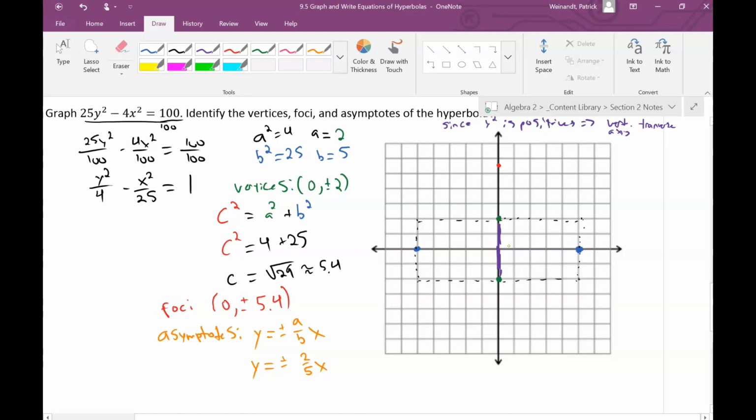So we have a slope of 2/5, that means we go up 2 over 5, 1, 2, 3, 4, 5. So we start at the origin, we go here, and it's going to be the same in the opposite direction. And then negative 2/5, plus or minus 2/5 x. So up to the left 5, 1, 2, 3, 4, 5 over here. So that rectangle helps us draw our asymptote as well. So here's our asymptote. Very poorly drawn asymptote, but that's okay.